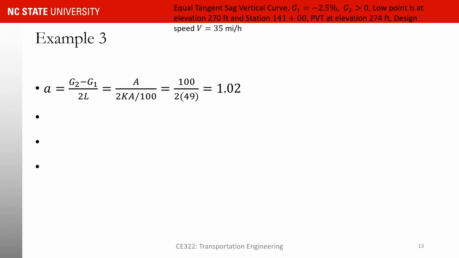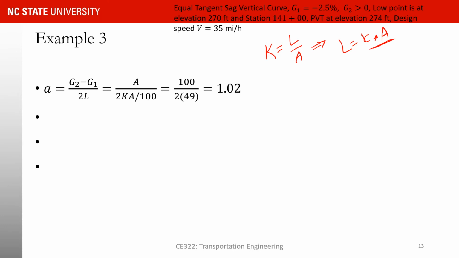Now here it's a little bit tricky because we don't have the value of L, but we know that g2 minus g1 is equal to A, and at the same time, if you remember, K was equal to L over A. As a result, L is equal to K multiplied by A.